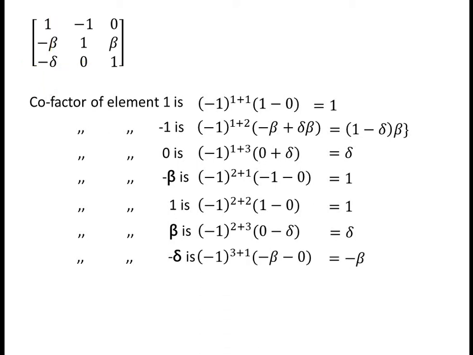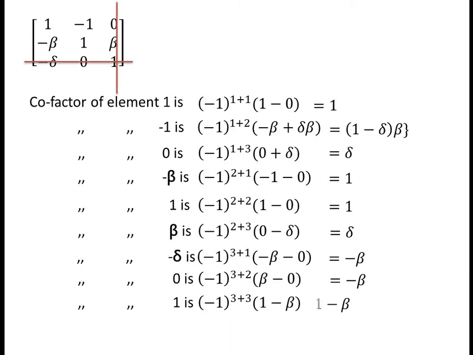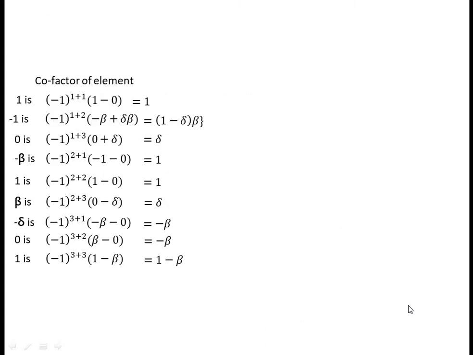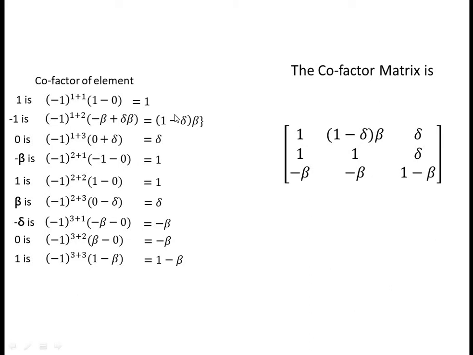The cofactor of the element 0 is minus beta, and finally the cofactor of the element 1 is 1 minus beta. The cofactor matrix is the matrix of the elements 1 minus delta into beta, delta, 1, 1, delta, minus beta, and 1 minus beta. So this is the cofactor matrix.